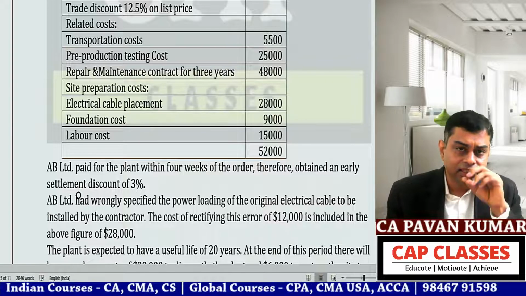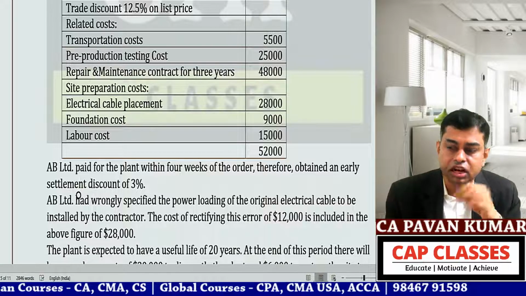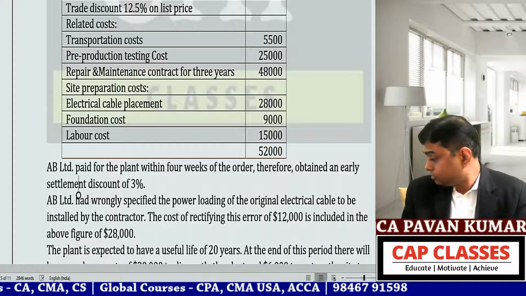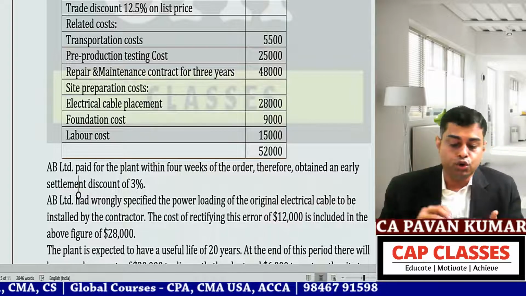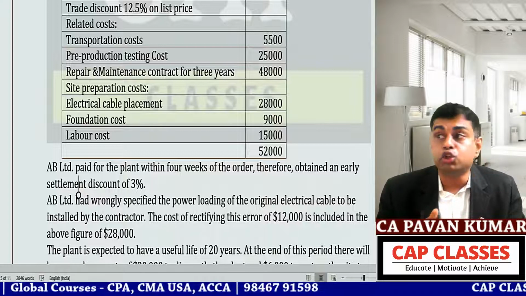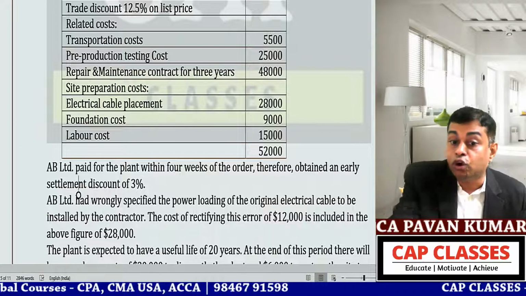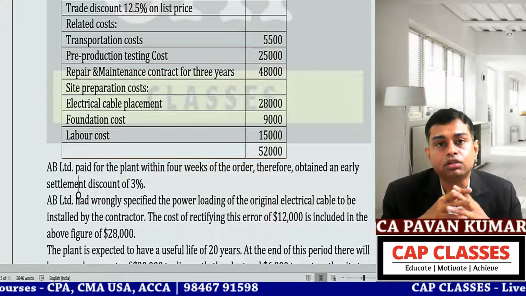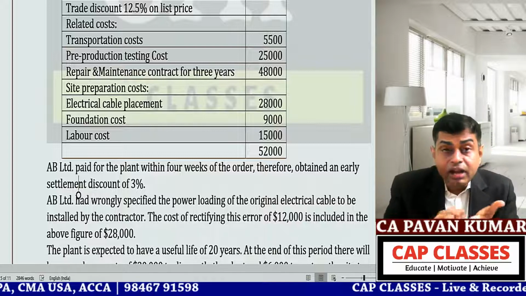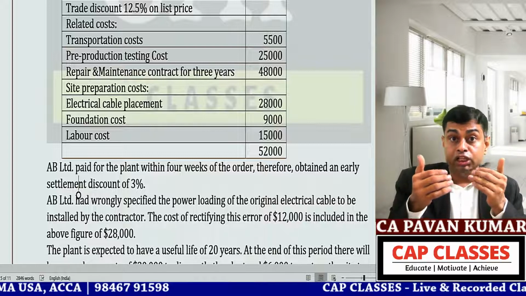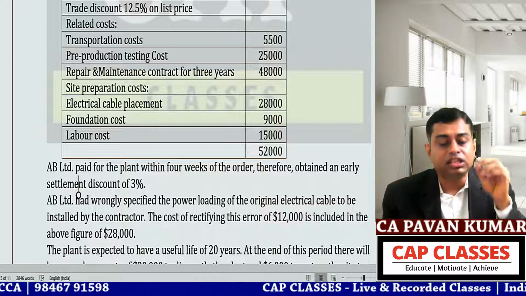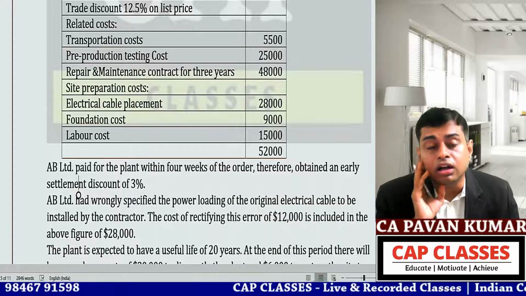Pay within 30 days, pay within 4 weeks, I'll give you an extra 3%. Then you took the calculator. You are also a smart guy. You calculated 4,80,000 into 3%, how much? Then you thought, oh my God, $14,400 you are getting as discount. Then you said, okay, pay it off. So you paid by way of a check and you got $14,400. Some settlement discount you earned.